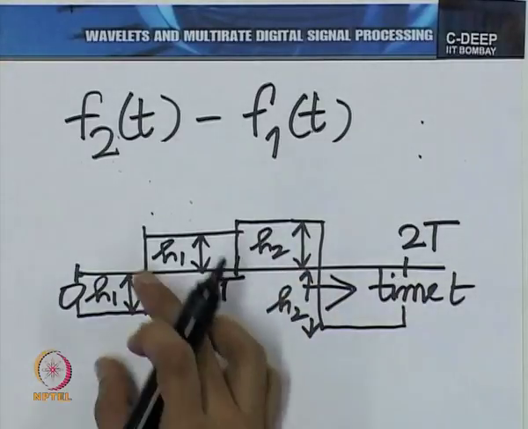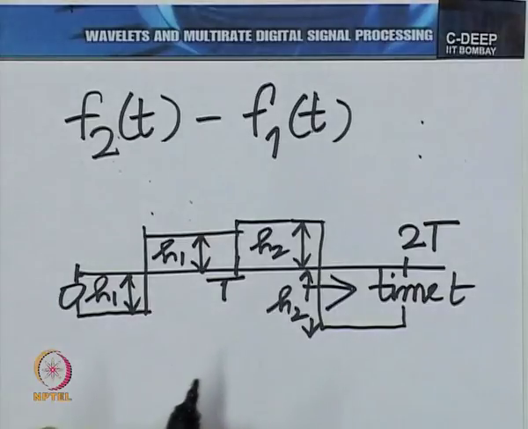So, in other words, this segment of f2(t) minus f1(t) is of the following form.